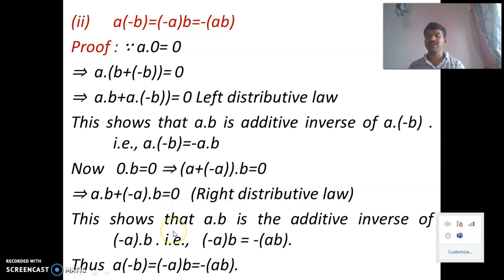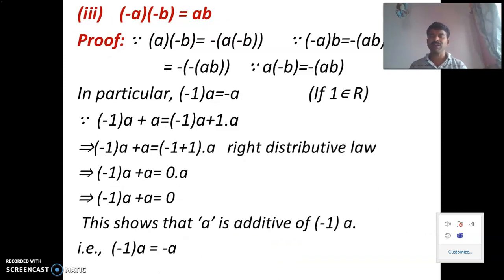This shows that A dot B is the additive inverse of minus A dot B. That is, minus A into B equals minus of AB. That implies A of minus B equals minus A into B, which equals minus of AB. So this is the second property.